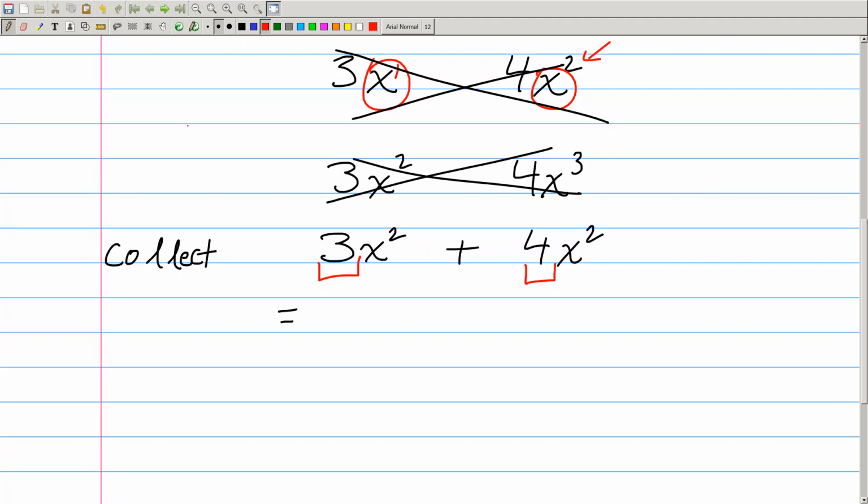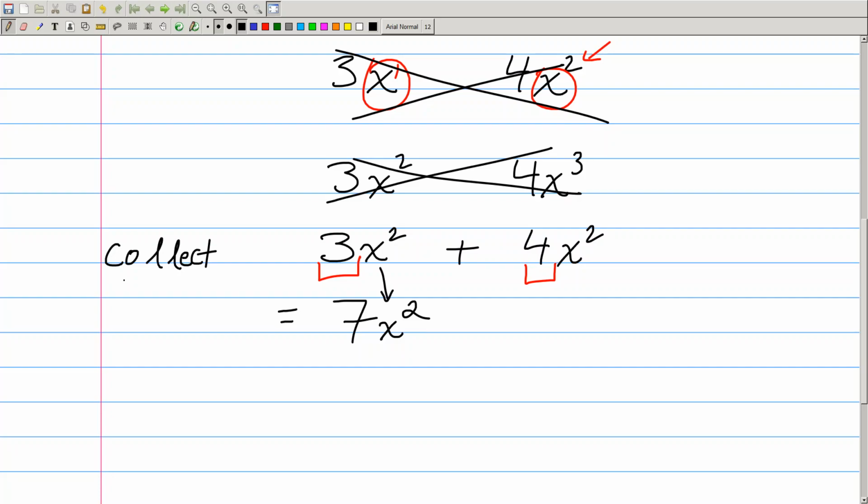You'd go 3 plus 4, that is 7, and then you merely place the literal coefficient next to it. That's it. 3x squared plus 4x squared is 7x squared. That's how you collect like terms.